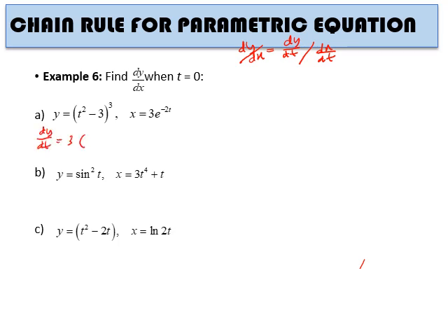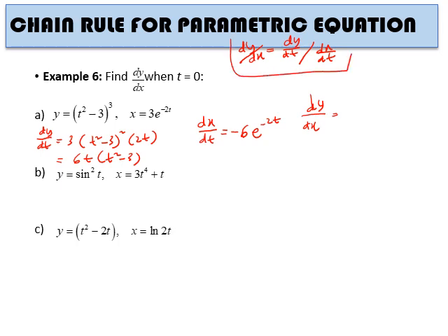So you will get 3 times (t squared minus 3) to the power 2 times 2t, and if you want to simplify it, you will get 6t(t squared minus 3). And dx over dt would be negative 6 exponent negative 2t. So for your dy over dx, we use this formula, so you will get 6t(t squared minus 3) divided by negative 6 exponent negative 2t.